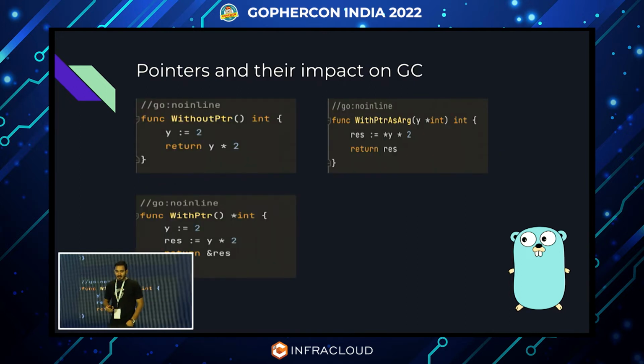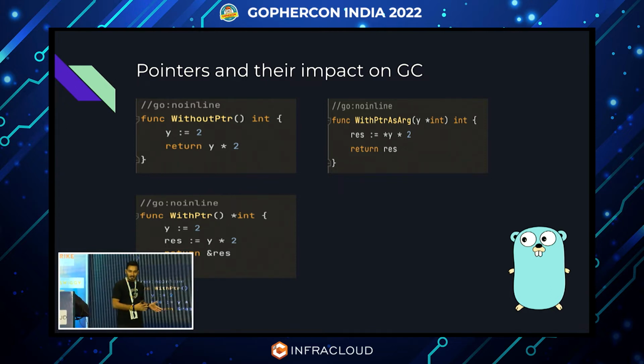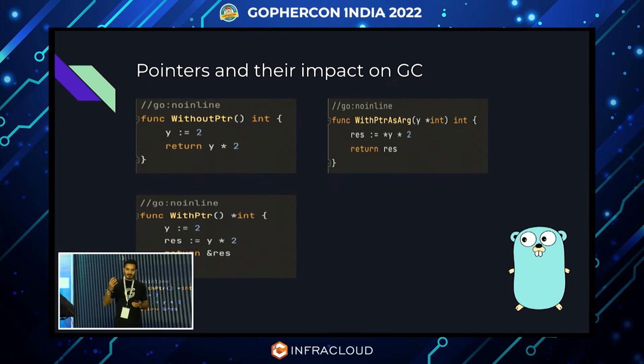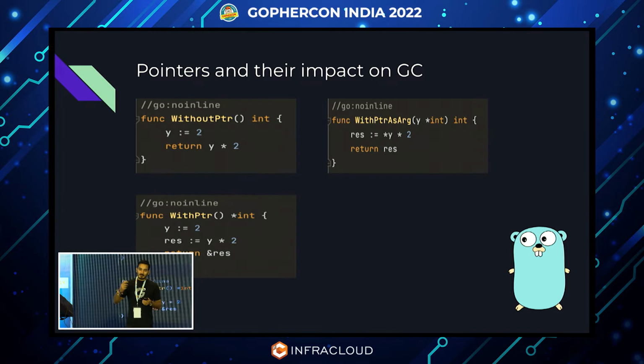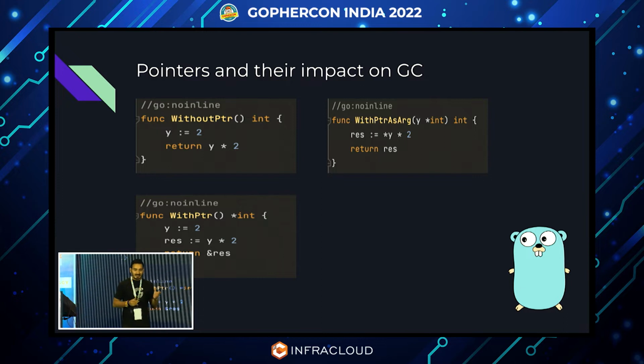Next, I'll try to explain what happens to pointers: when we have pointers in the program, do they go into the heap, and what's their impact on the GC. As you can see, there are three functions that I have written.